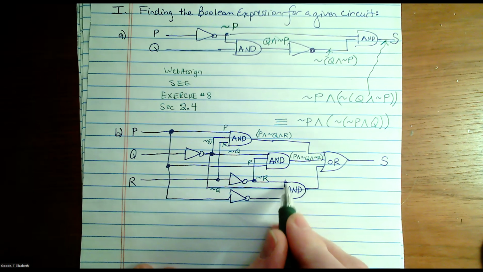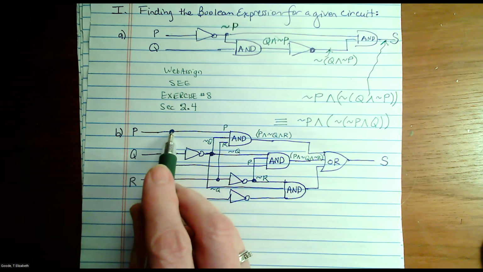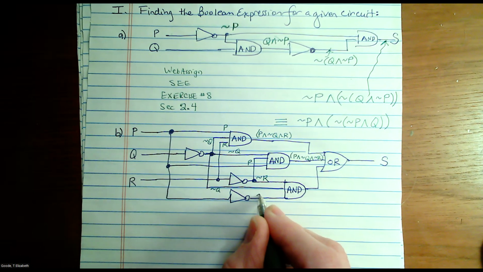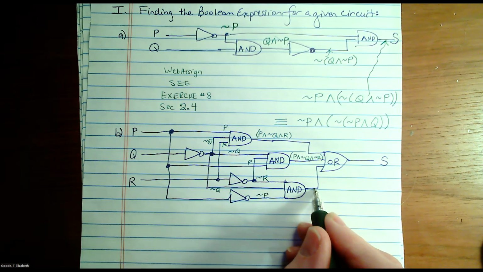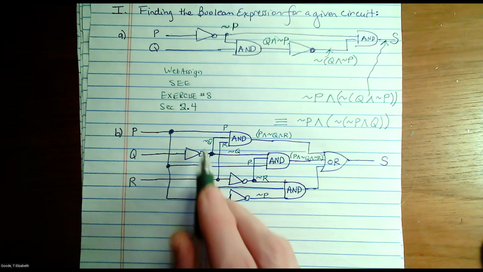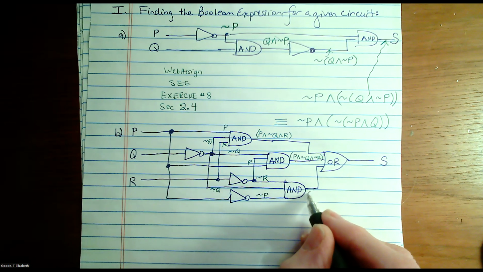And let's see what's feeding into this AND gate. Oh, we got this NOT gate. What was feeding into this NOT gate? P. Yeah, so this is going to be not P. Great. So what comes out of this AND gate? Look at everything that's feeding into it. Not R. Yeah. So let's put them in alphabetical order.